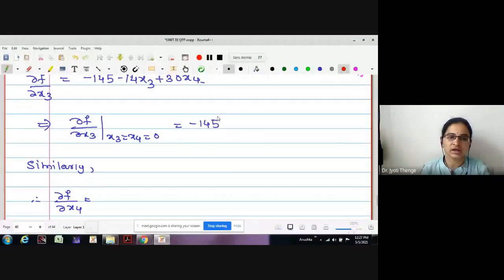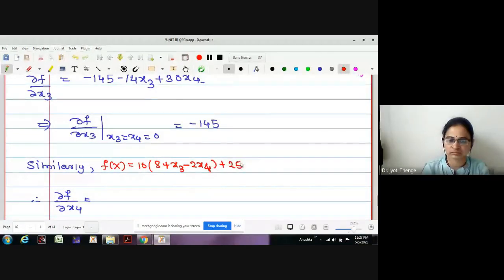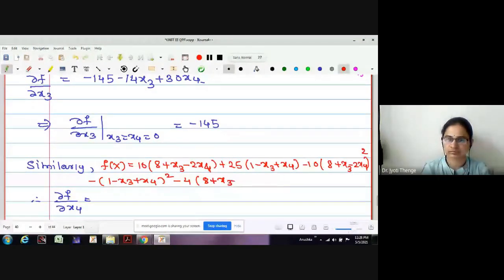We write the objective function again. Okay. Now let us differentiate with respect to x4.